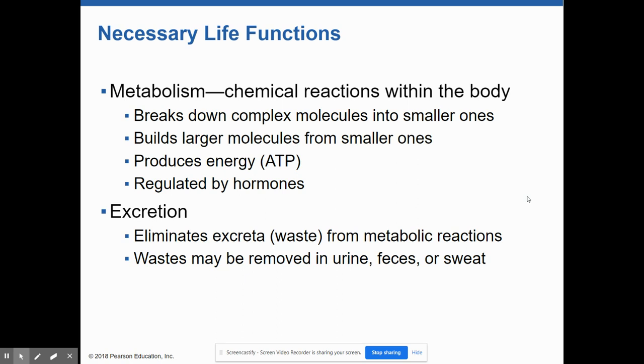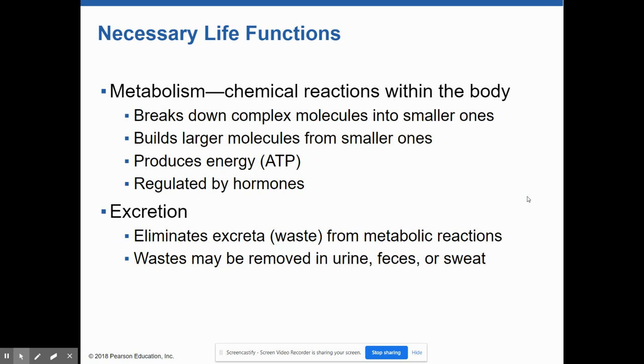So, for example, when you eat a piece of steak, there's a lot of protein in the steak, and the body breaks down the protein into smaller amino acids that your body can use. Or if you eat a piece of bread, in the bread are complex carbohydrates, which are polysaccharides, and the body breaks those polysaccharides down into simple sugars or monosaccharides so the body can more easily use it for energy.